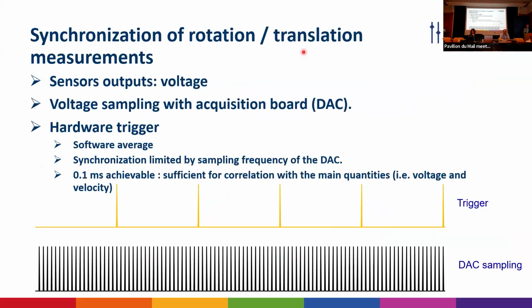Now we can talk a little bit about the synchronization of this parasitic coil motion. As I told previously, the requirements in synchronization are below the millisecond level, and typically these sensors are going to output a voltage. And a voltage is something that you can acquire with an acquisition board. Usually, the typical sampling frequency of this board are a few kilohertz or a few tenths of kilohertz.